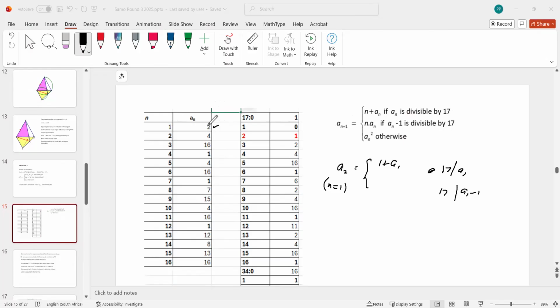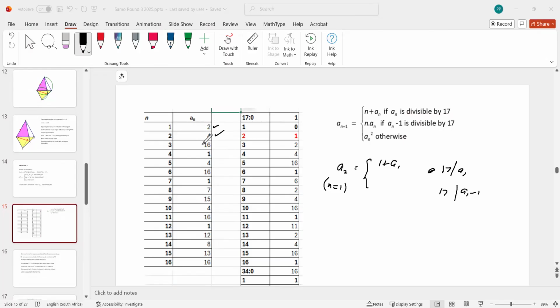Is 2 divisible by 17? No, right? Is 2 minus 1, namely 1, divisible by 17? No. So therefore, the third rule kicks in. So it will be a_1 squared, right? And a_1 squared is 4. So this is a_2.